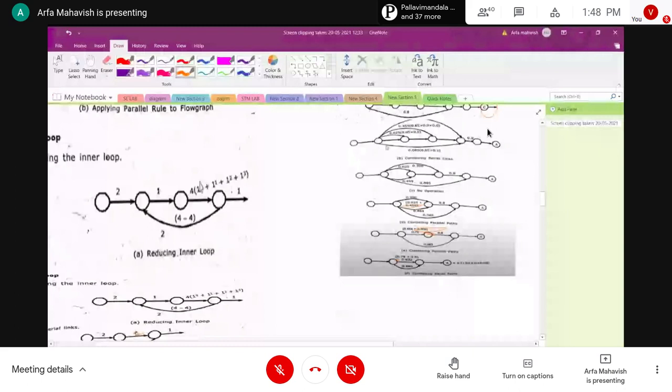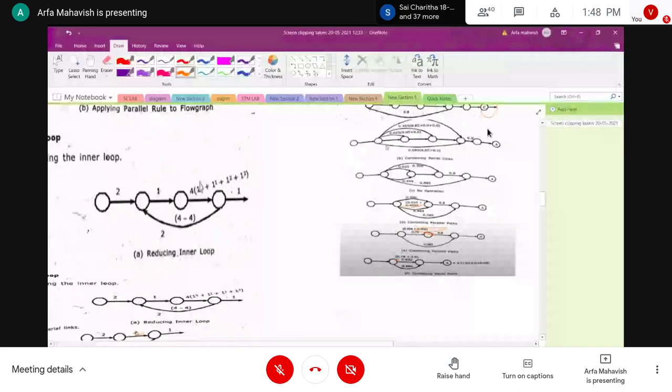For case 2, we have the starting node and ending node, and the weightage is 0.85 and 0.05. Same as before, we reduce the serial links and calculate 0.49, 0.29, and so on.